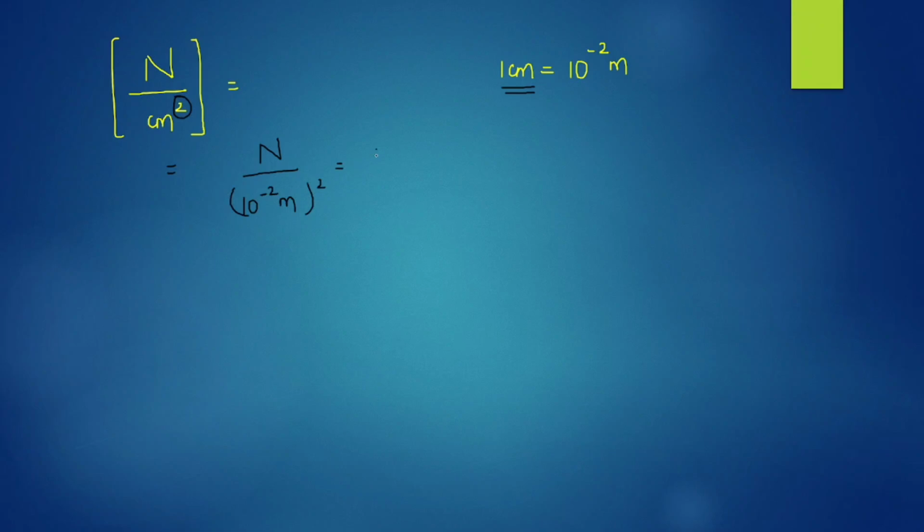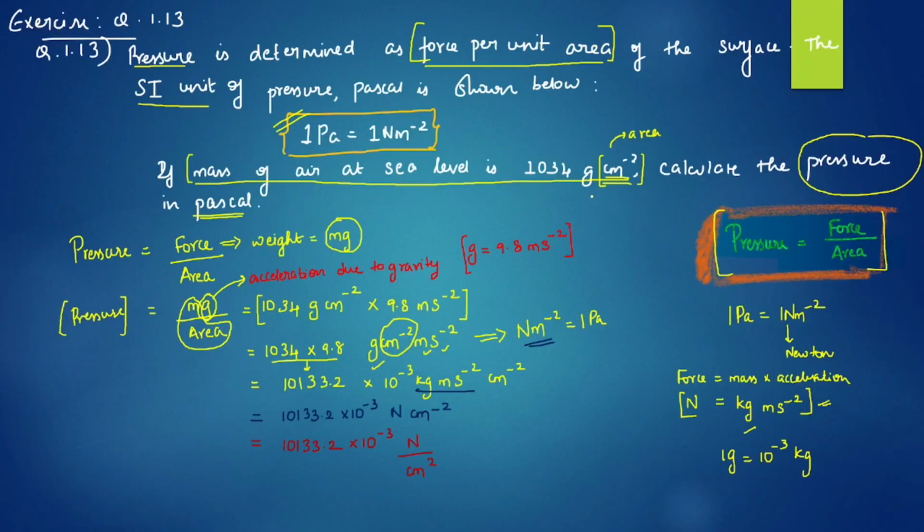So it will be equal to Newton by 10 power minus 2 the whole square into meter square, which is equal to Newton by 10 power minus 4 meter square. So if you take 10 power minus 4 up, it will become 10 power 4 Newton by meter square, which is meter power minus 2. So let's substitute this in the place of Newton by centimeter square.